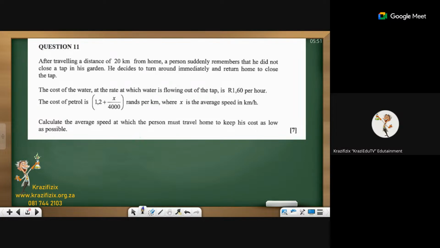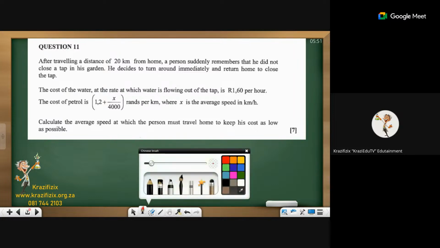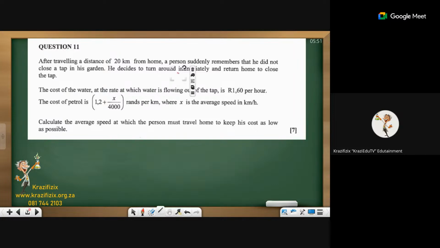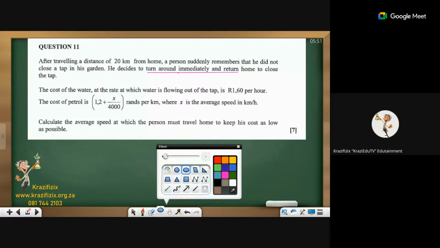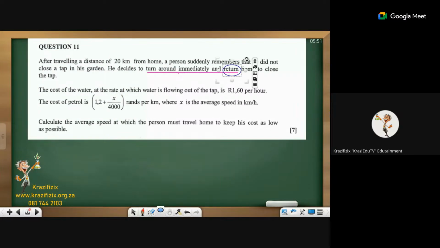He then turns around immediately and returns. Read, underline. There's a big meaning here when we use the word return. So don't read oblivious of the things that are going on in the question. Don't be absent-minded. Every word matters. He returns home to close the tap.